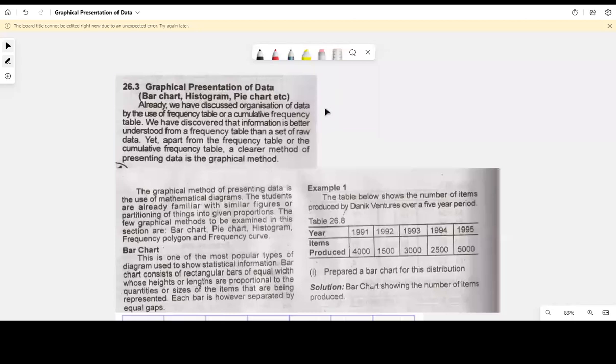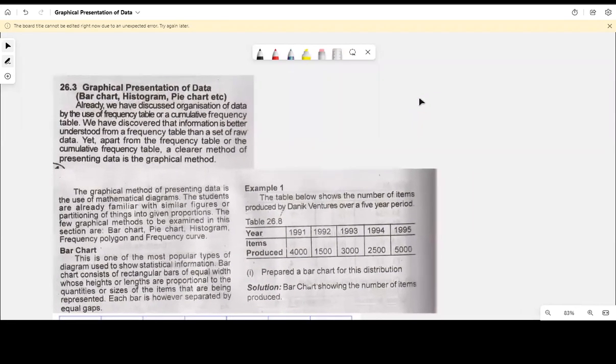In this lesson, we look at graphical presentation of data, which is a continuation of our revision for WIOC students. In our previous revision, we looked at one way of analyzing data, which is the representation of data using the frequency table and the cumulative frequency table.